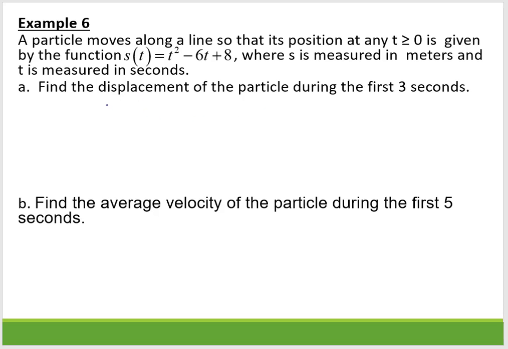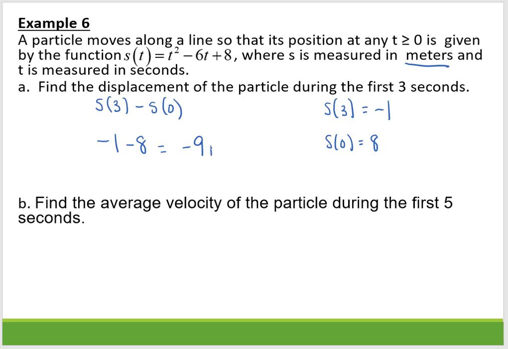So the displacement of the particle in the first 3 seconds is s of 3 minus s of 0. So over to the side, I'm going to find s of 3, and I did that math already, and that is negative 1. s of 0 is the easy one, that is 8. So I'm doing negative 1 minus 8, and that gets me to a negative 9. If I give you units, you give me units back. You guys are pretty good, especially if you're in physics.